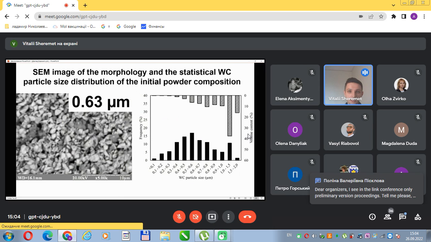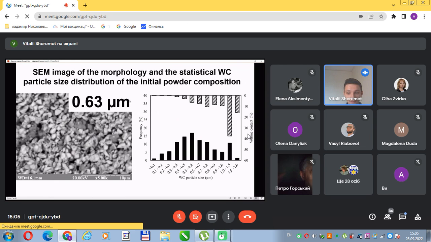The average tungsten carbide size of the raw powder used in this work was 0.63 micrometer. The important thing is that different sintering behaviors are observed for particles of different sizes.